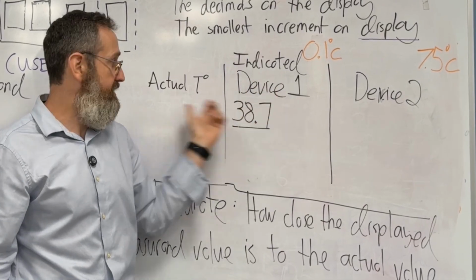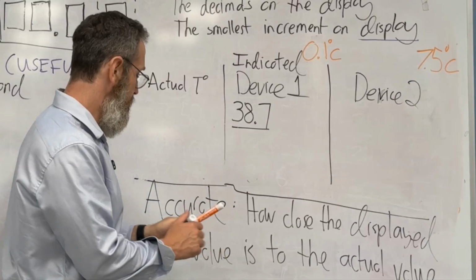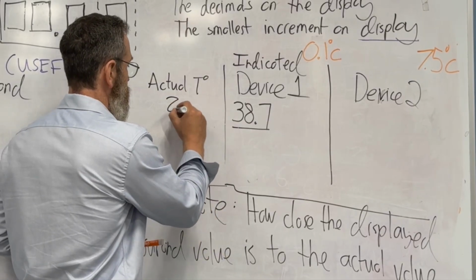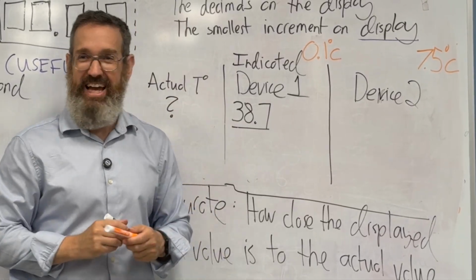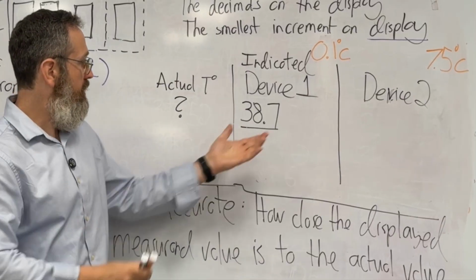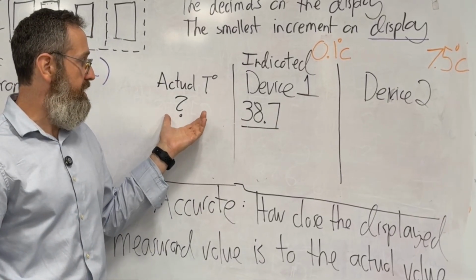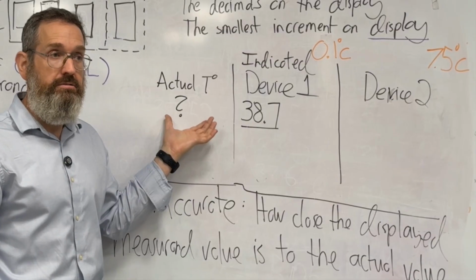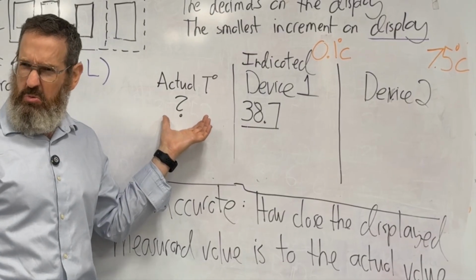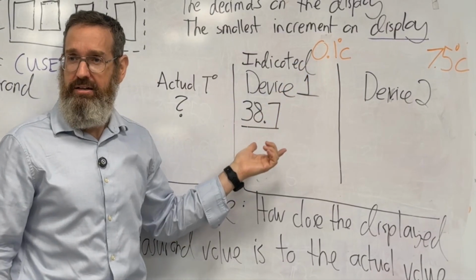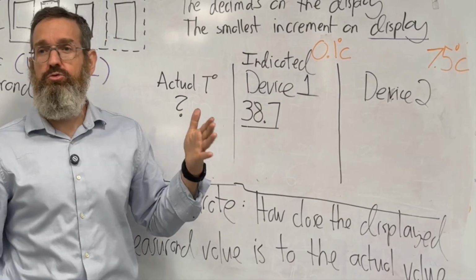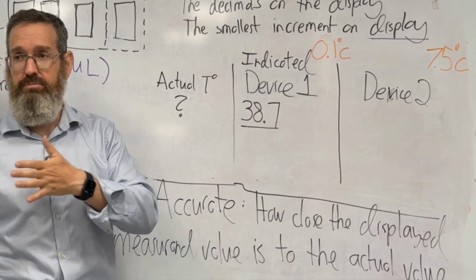It could be different. That's what we saw before. I'm trying to figure out what the temperature here is. Do you think the actual temperature might be 30 degrees? No, because it's more accurate than that. What would you say is the possible range of the actual temperature?